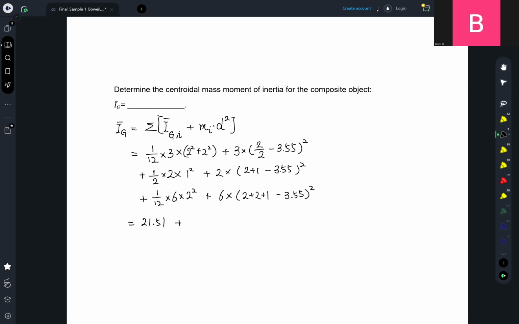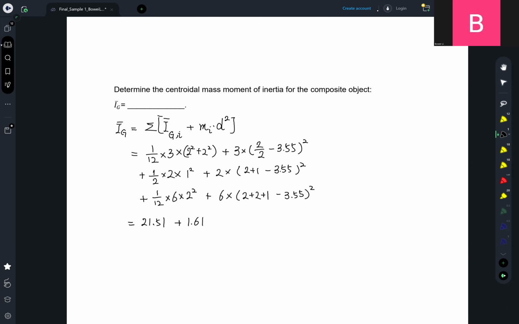For the second part, it is a half of the mass times the square of the radius, which is 1, plus the mass times the square of the distance between the centroid of the part and the centroid of the entire object. That equals 1.61.